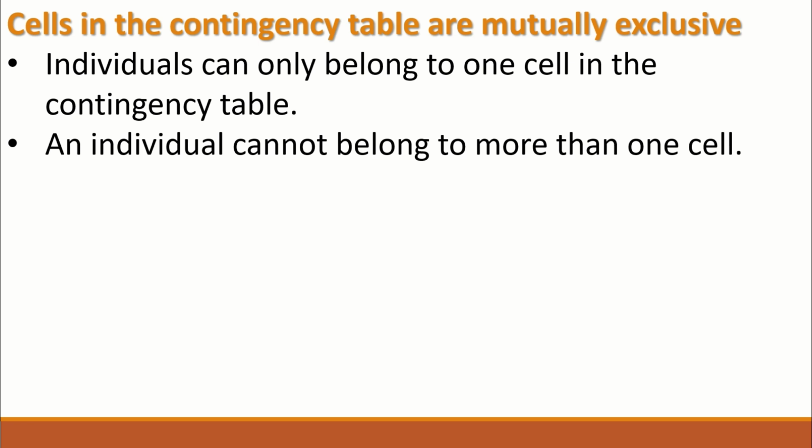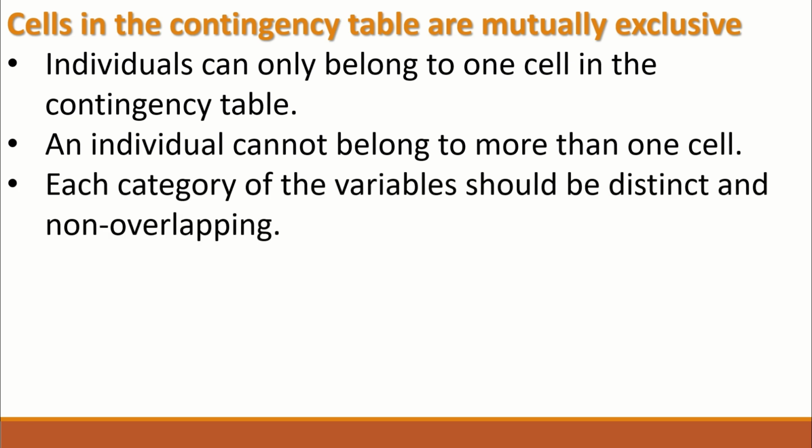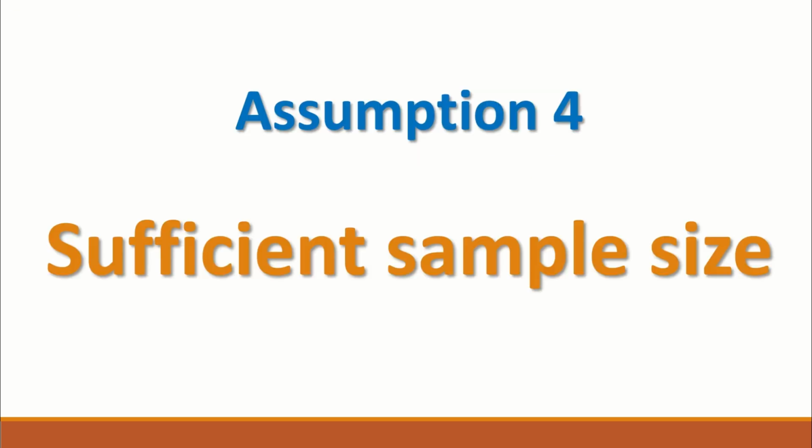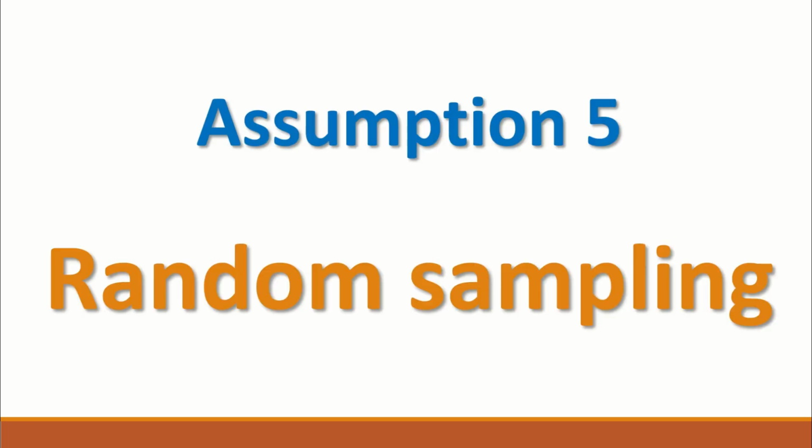An individual cannot belong to more than one cell, and each category of the variable should be distinct and non-overlapping. The fourth assumption is that there should be sufficient sample size. The sample size should be large enough to provide reliable results.